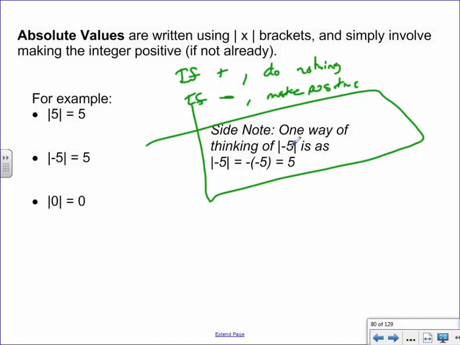The absolute value of negative 5, what you're really doing is applying an extra negative to that negative 5 to make it positive. So basically, if it's positive, do nothing. If it's negative, add an extra negative. Negative times negative is positive. Does that make sense? That's really what an absolute value function needs to do. If it's negative, put an extra negative in front, and that makes it positive for you.